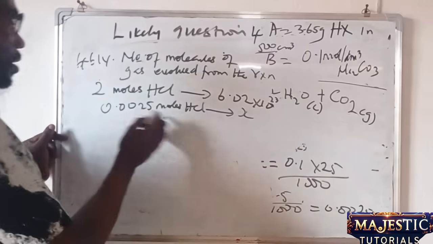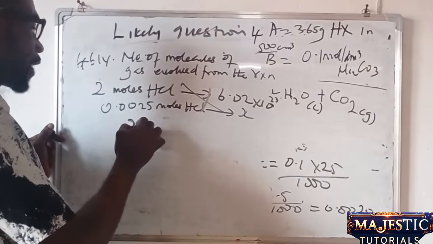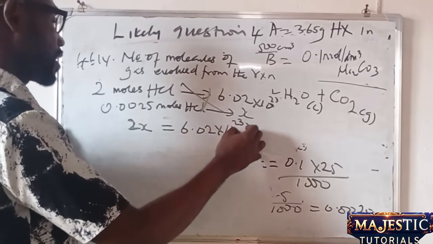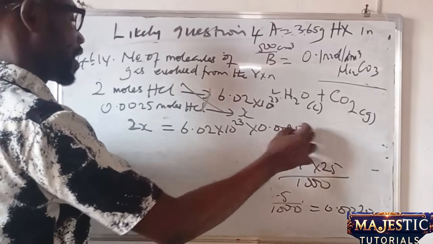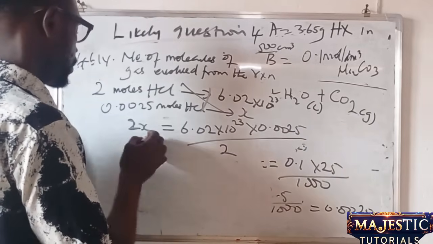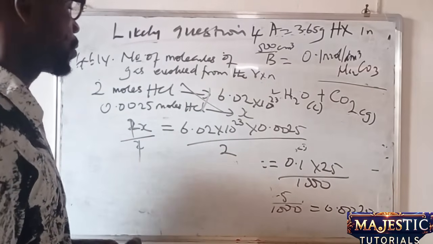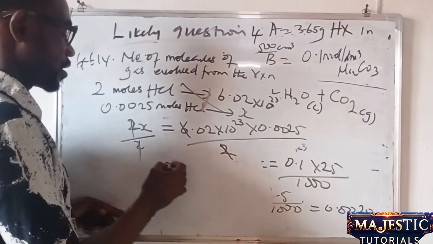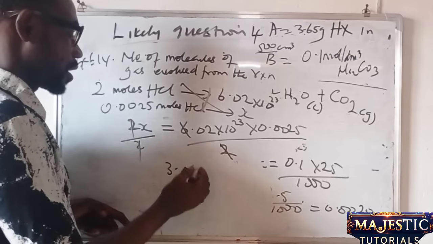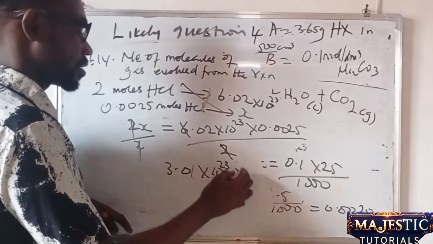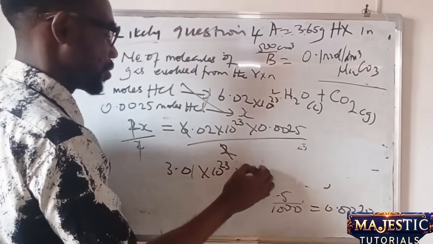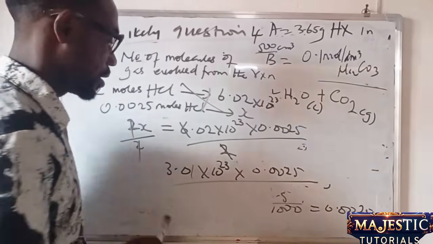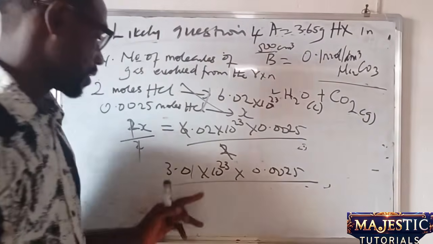We call it x, such that cross multiply, 2x is equal to 6.02 times 10 raised to the power 23 times 0.0025. So we divide everything by 2 to make x the subject of the formula. If we divide this, it becomes 3.01 times 10 raised to the power 23 remains, then times 0.0025. Whatever it gives you is the final answer. Don't have time pressing the exponent.